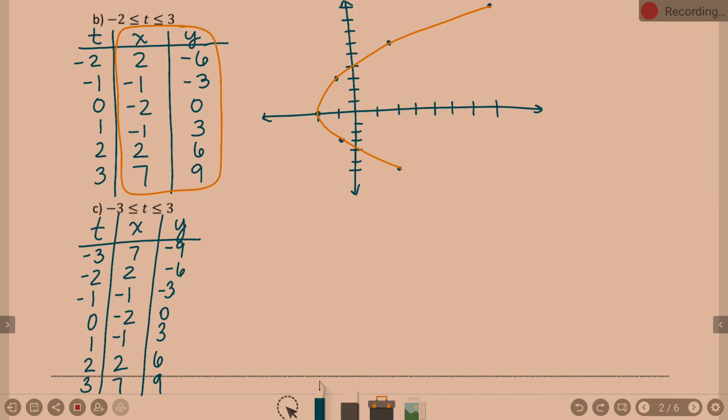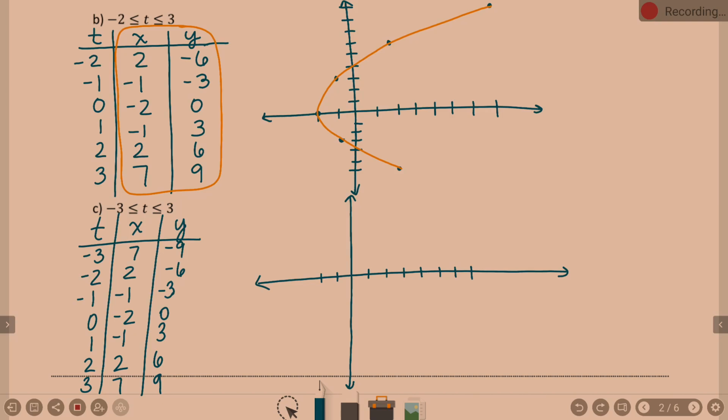Okay, this time it's the full deal. You're going 2 left, 7 right. You've got to be able to go 9 down and 9 up. In other words, label appropriately, right? Two left, 7 right.